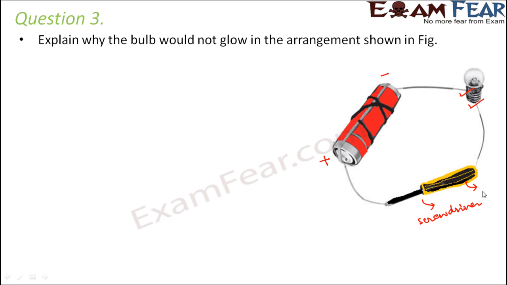This part of the screwdriver is made up of a material which is insulator, because normally screwdrivers have this portion made up of metal, which is good conductor, but this part is mostly made up of plastics or any other insulator, because screwdrivers are used by electricians to work on circuits. So to protect them from electric shock, these are made up of insulators, and that is why, since an insulator is present in the circuit, therefore the bulb doesn't glow.